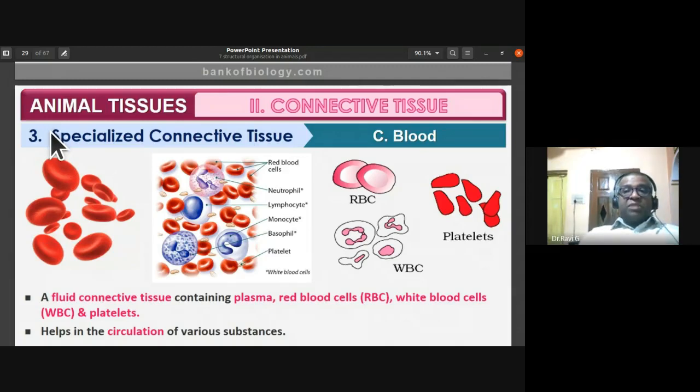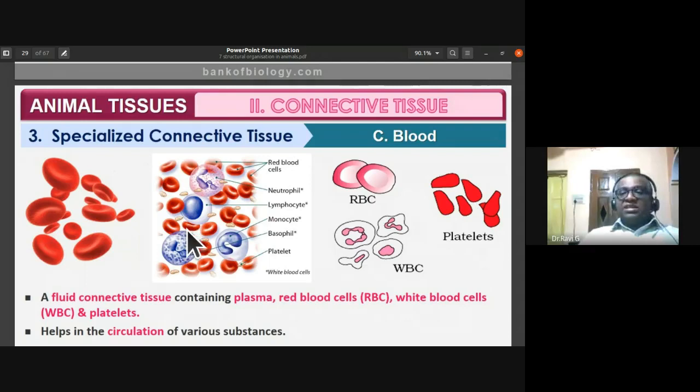So you should remember that. Blood not only carries nutrients and respiratory gases, it also helps in removing the excretory materials. Blood also carries hormones. These are the various functions of blood because of which we call blood the river of life.